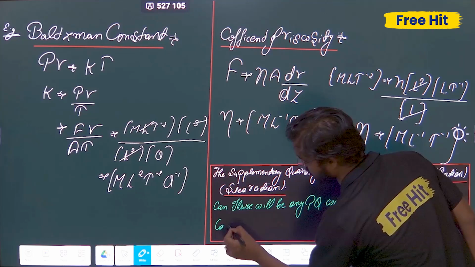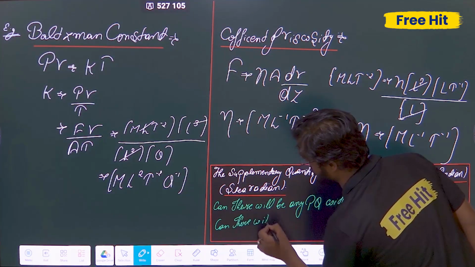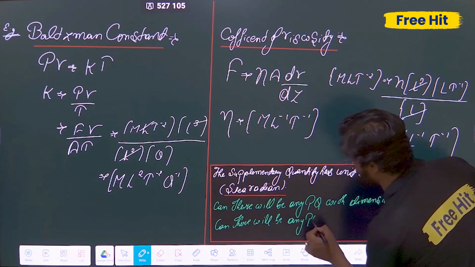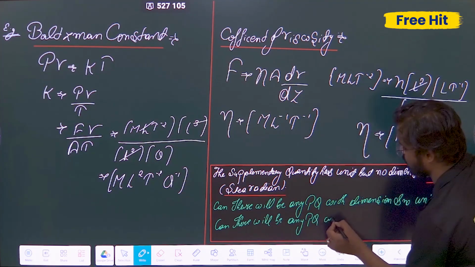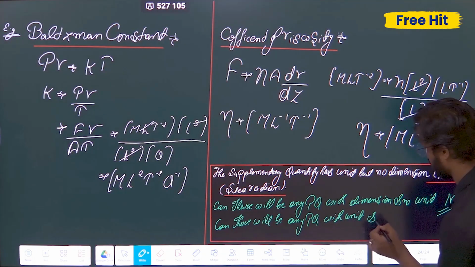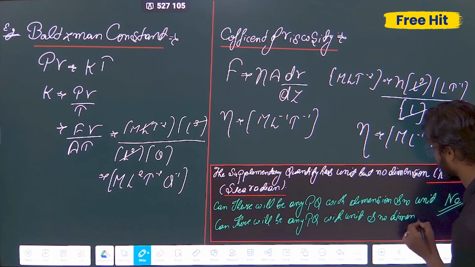Can there be any physical quantity with a unit and no dimension?